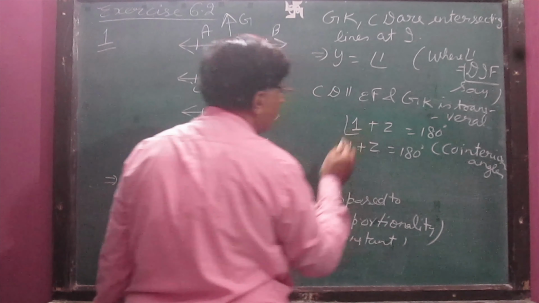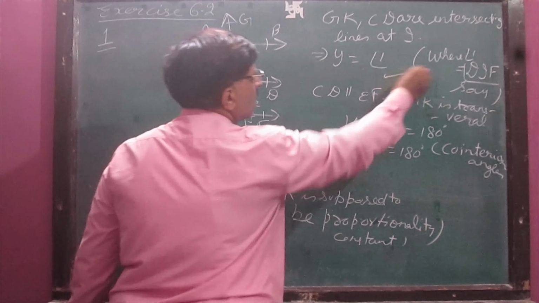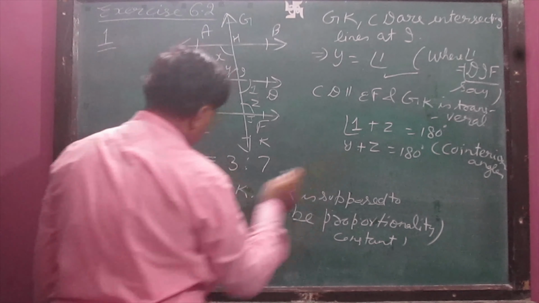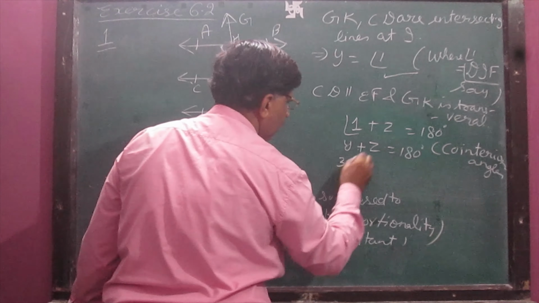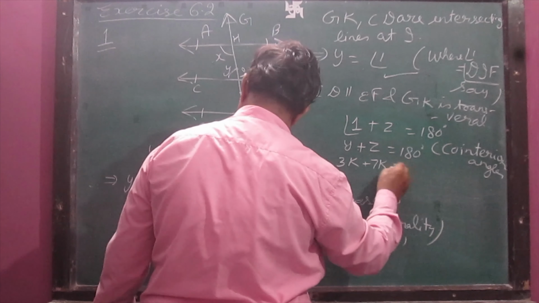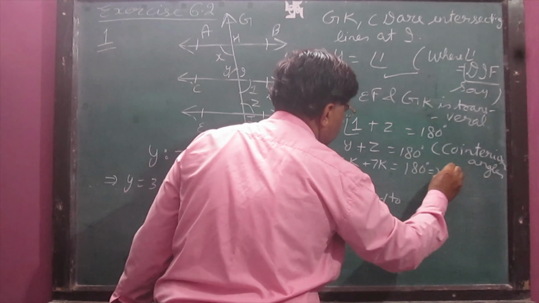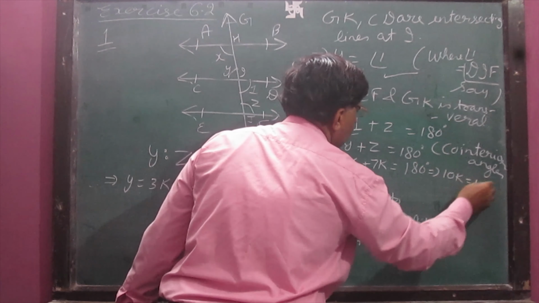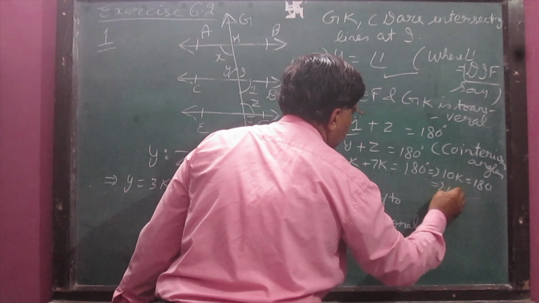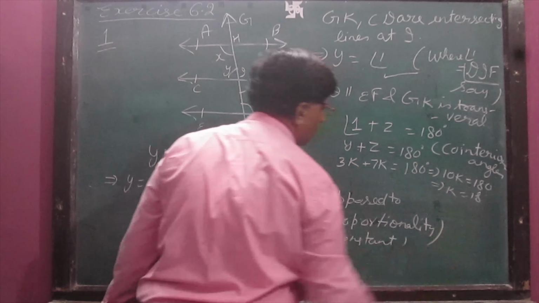You have just substituted 1 as Y from here. Now Y value is 3K, Z value is 7K, equal to 180 degree, which implies 10K equals 180, which implies K equals 18.